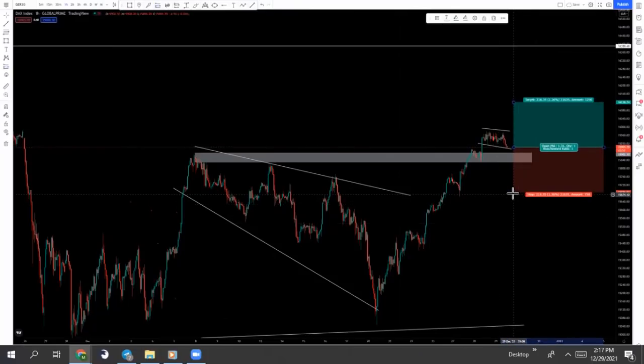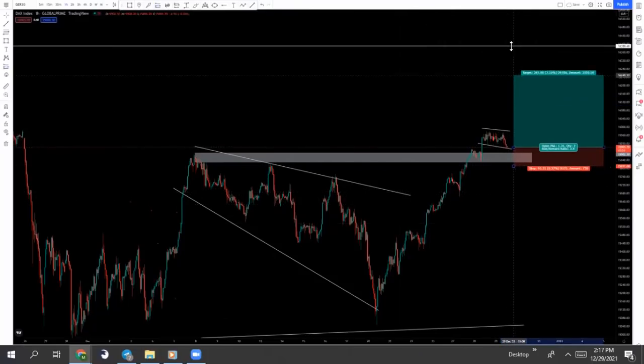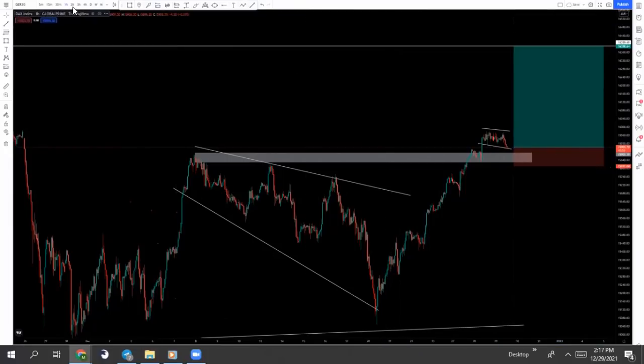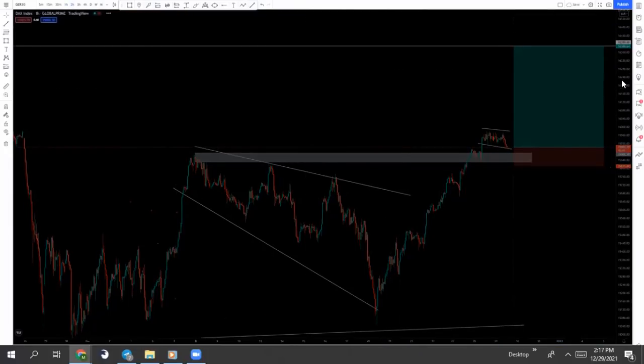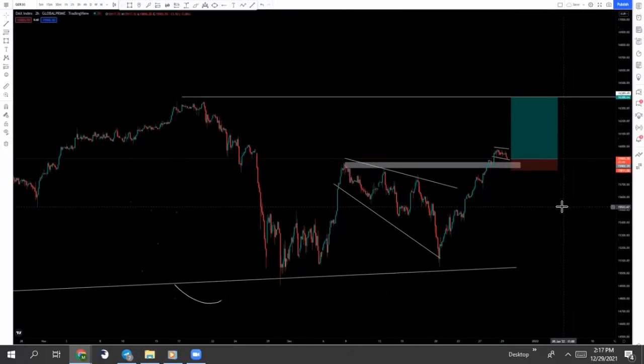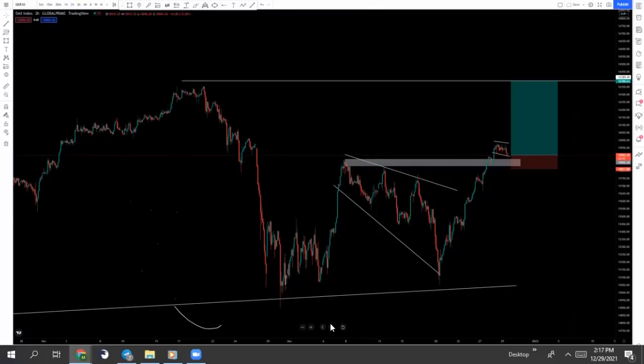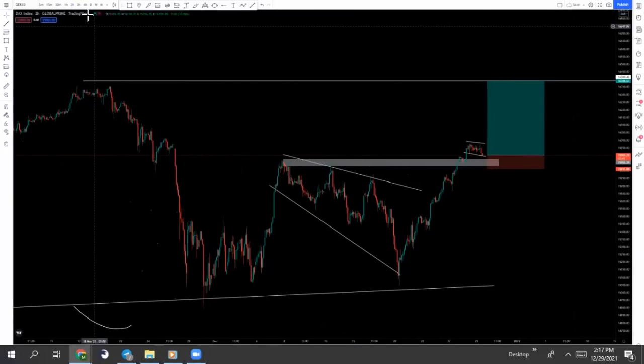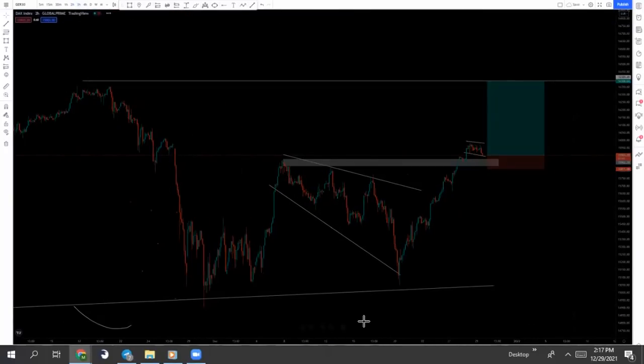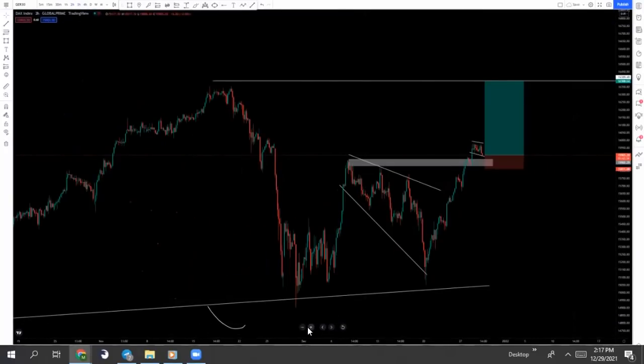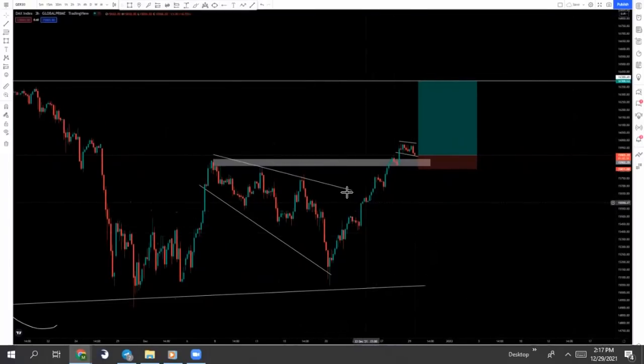Just wait for the entry. Don't rush the entry, because if you rush it, you never get it. So this is the 1 hour. This is how it looks on the 2 hour. I still believe we have to push, because those stocks have been gaining lately. Stocks have been gaining lately. So this is how it is.